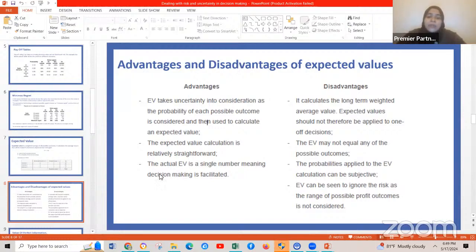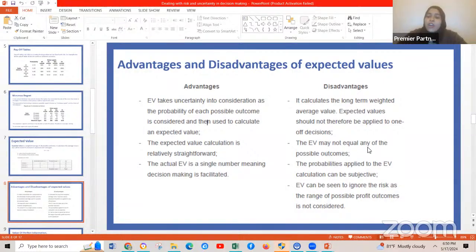It is a single number, meaning decision making is easier. It calculates the long-term average value. Expected value should therefore not be applied to one-off decisions. When you're making a decision only one time, expected value is not useful. Expected value is useful if you are making decisions again and again. But for a one-off decision, it's not good.